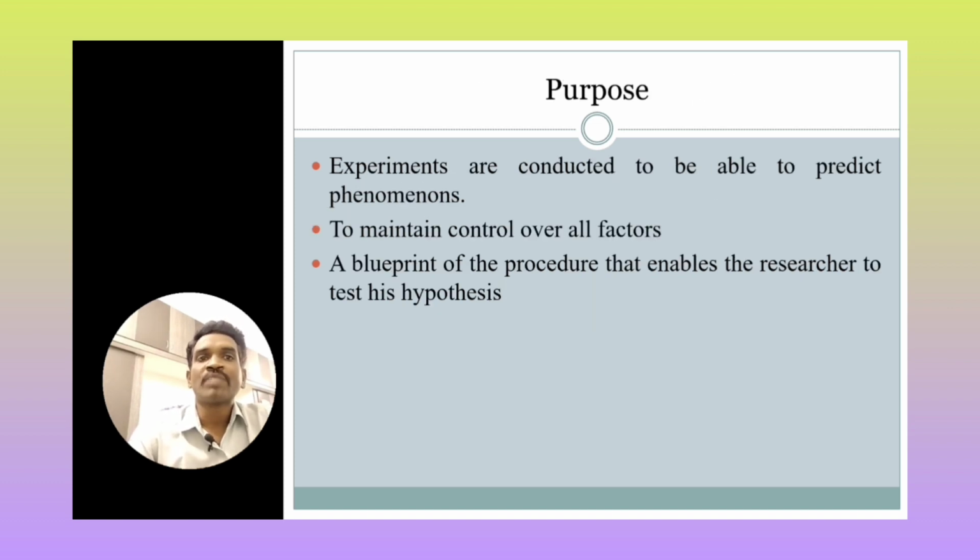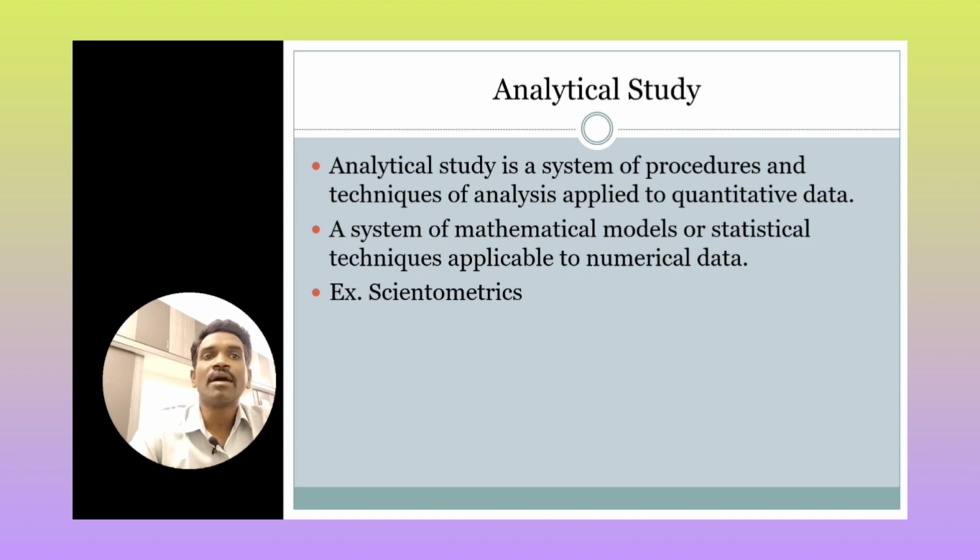The purpose: experiments are conducted to be able to predict phenomena, to maintain control over all factors, a blueprint of the procedures that enable the researcher to test his hypothesis.